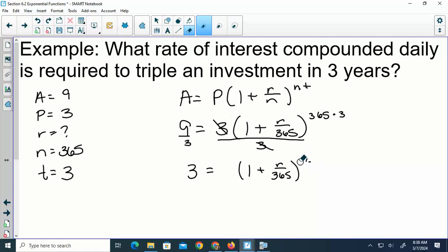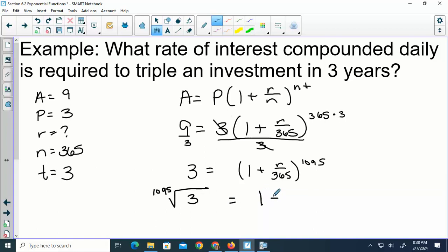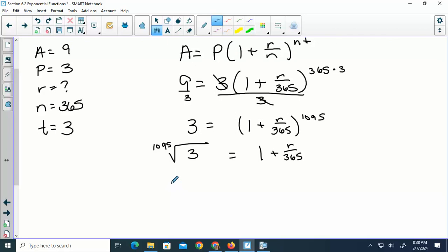Okay, 365 times 3. Okay, so how do we get that over? 1095th root. So then we can subtract our 1. And multiply by the 365.